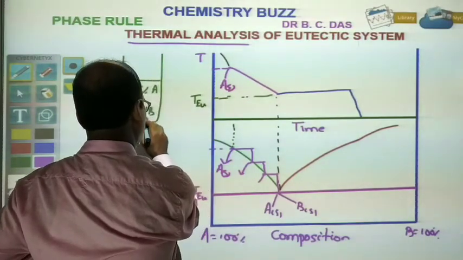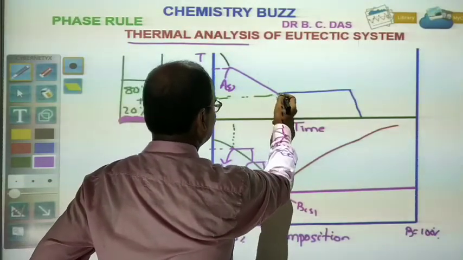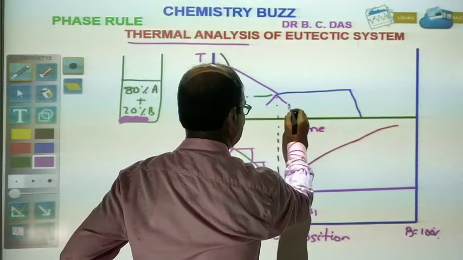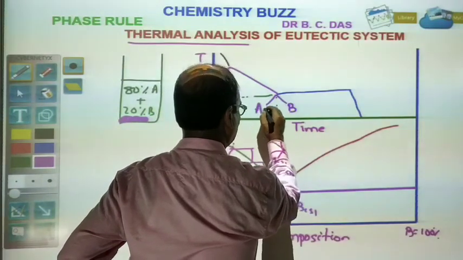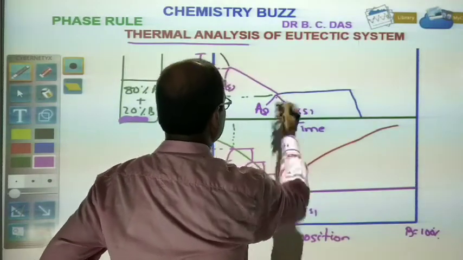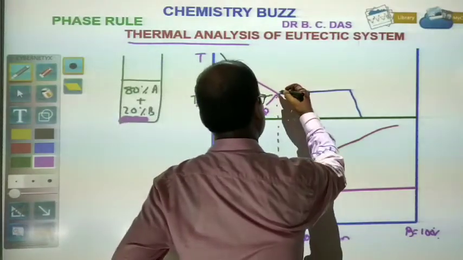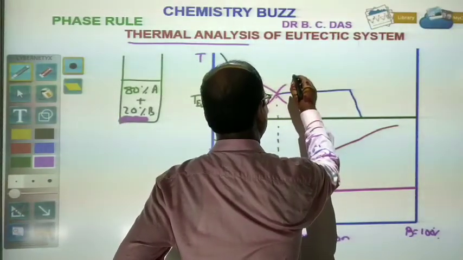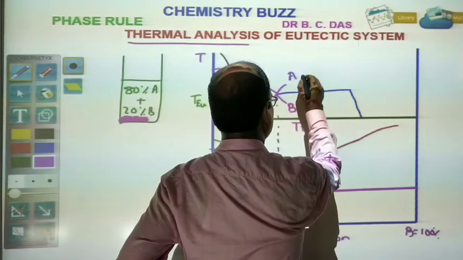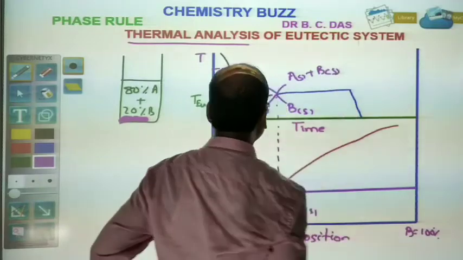More and more A solidifies, and at this point, the solidification of B starts in addition to solidification of A. So this is the eutectic point. At this point, the first solidification of A and B starts.